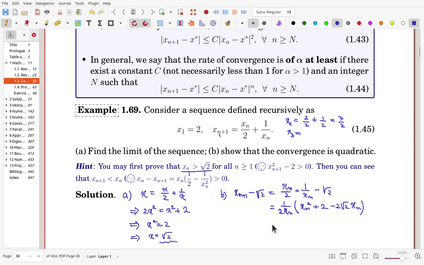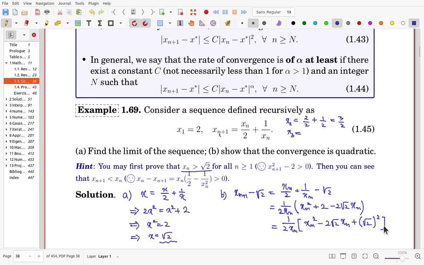We'll rewrite this: 1 over 2xn times xn squared, minus 2 square root of 2 xn, and for the last term we write the square root of 2 squared.